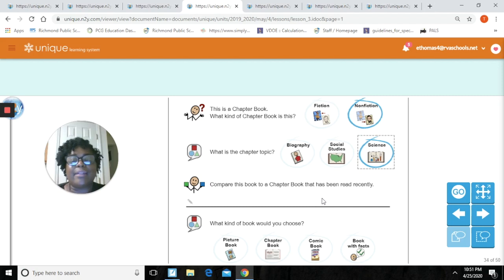If you have not read that chapter book, go back and read it. It's a really good book, okay? So that particular chapter was all about a person, and we know that a biography would tell you all about a person. But this particular chapter is talking about what? Science, okay?